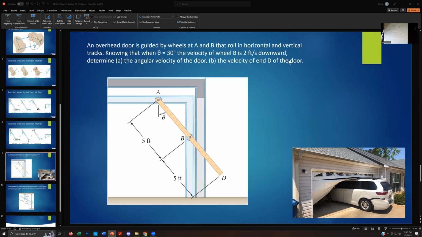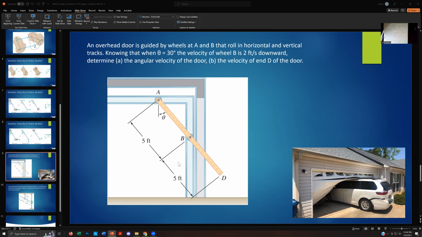And this is a pretty easy one. We start with an overhead door, and the idea is that here's our door, and it's guided by wheels at A and B, as we'd imagine. And we know that the door at this point is at 30 degrees, and we know the velocity of B, which is constrained to the y direction, is 2 feet per second.